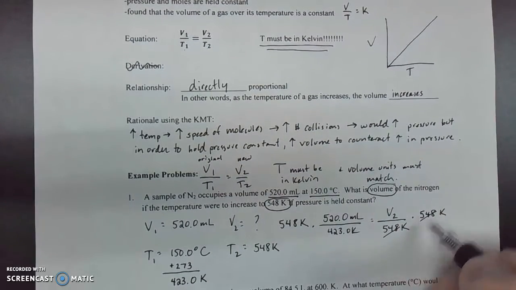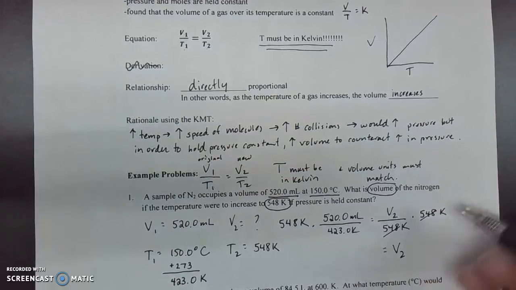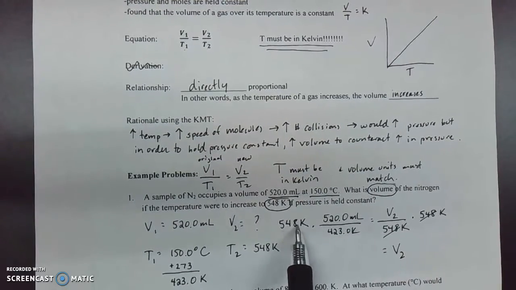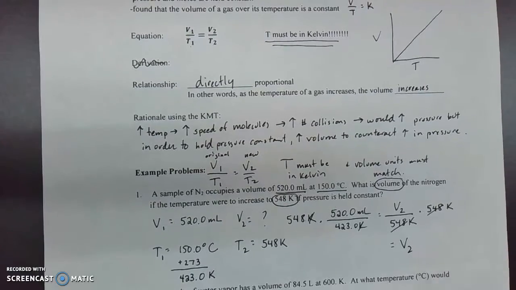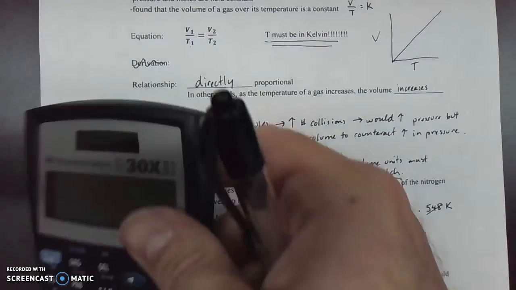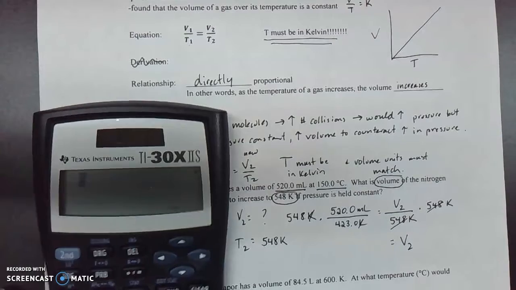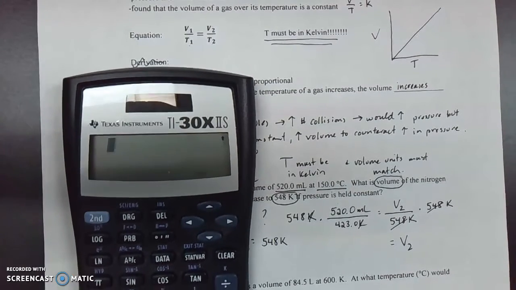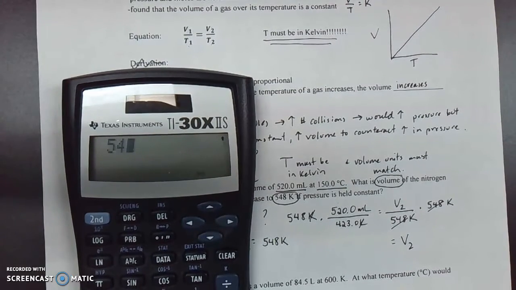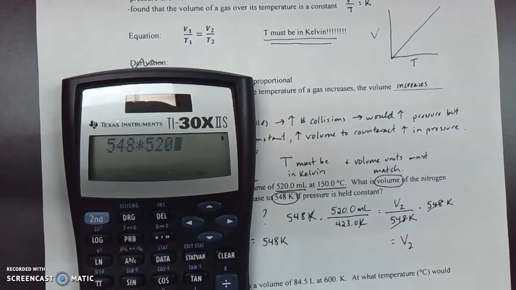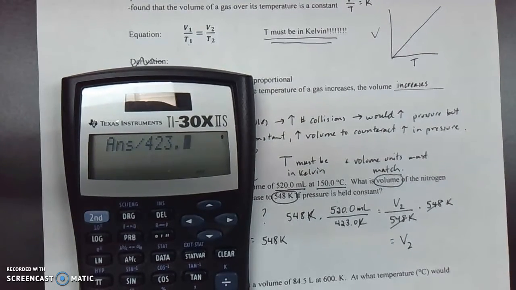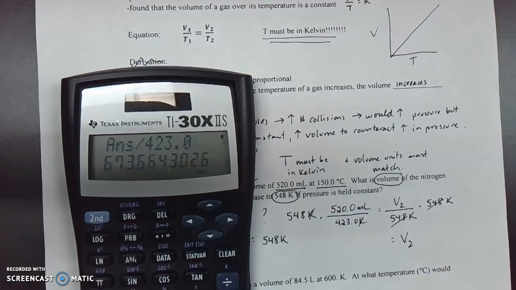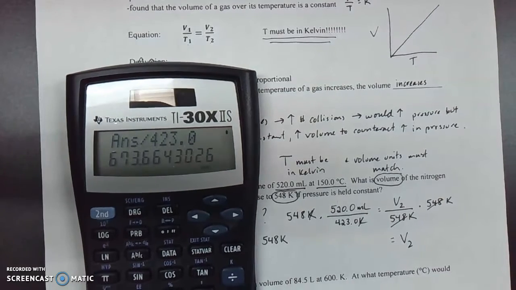That gets rid of this and leaves V2 by itself. So I take 548, our Kelvins cross out, 548 times 520 divided by 423. You could cross multiply and get rid of the fractions, but we don't have to. 548 times 520.0 equals, divided by 423.0 equals. And there is our answer.